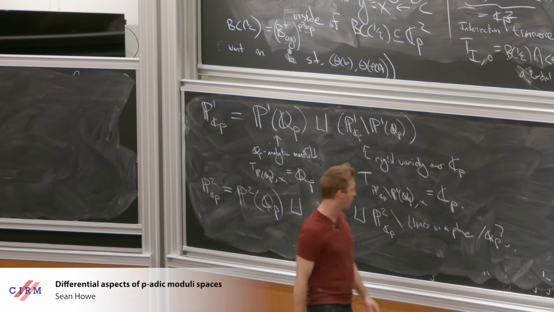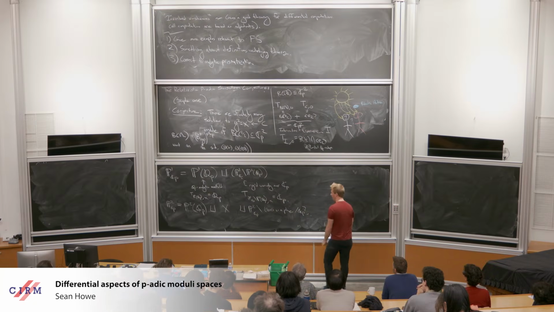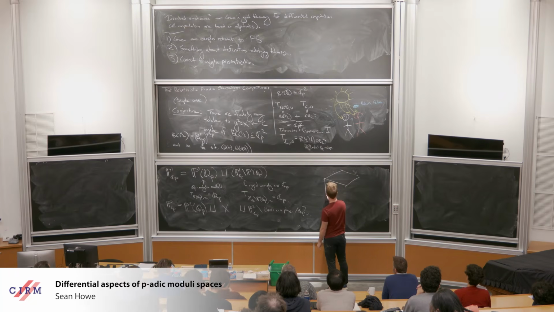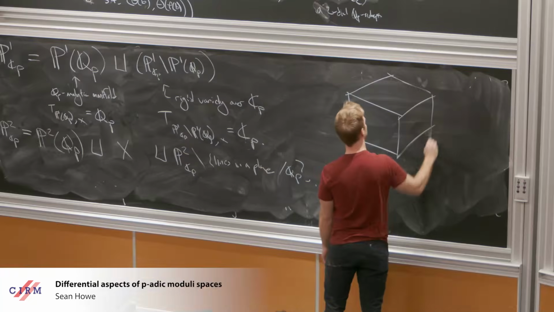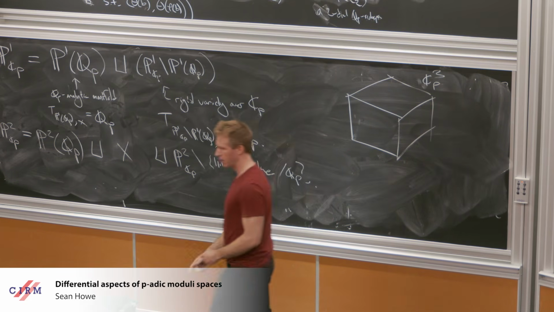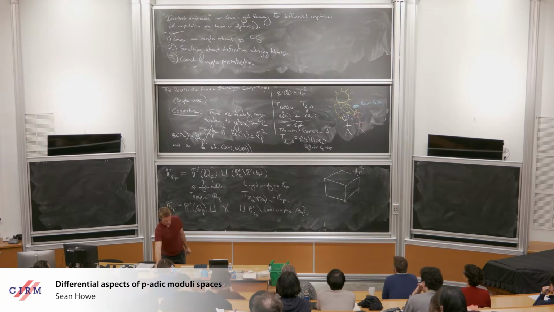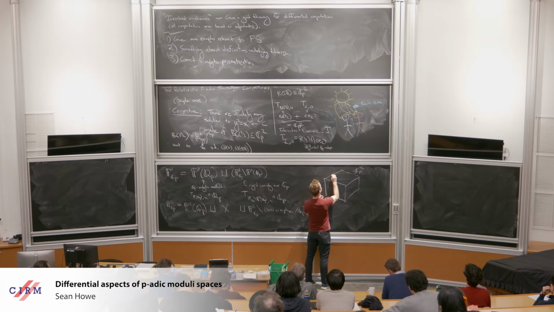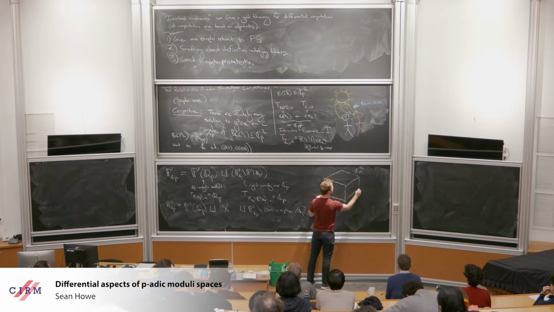Okay, so let's draw a picture of that guy. Here's sort of like three-dimensional space over CP. And then you can draw some QP points in CP cubed.